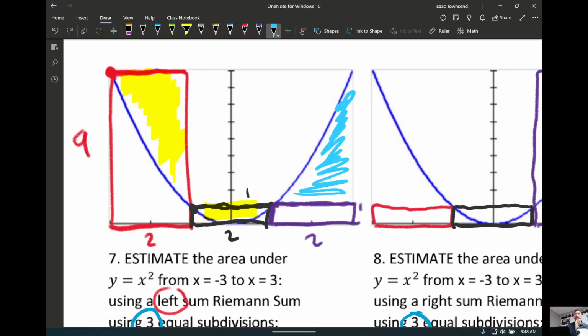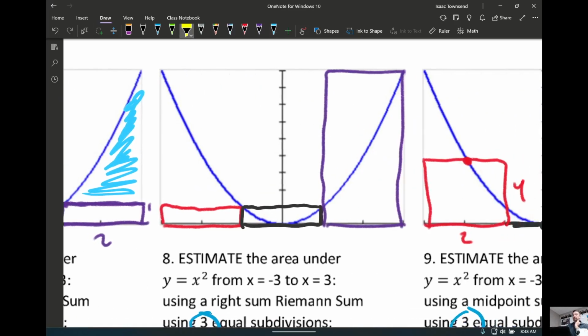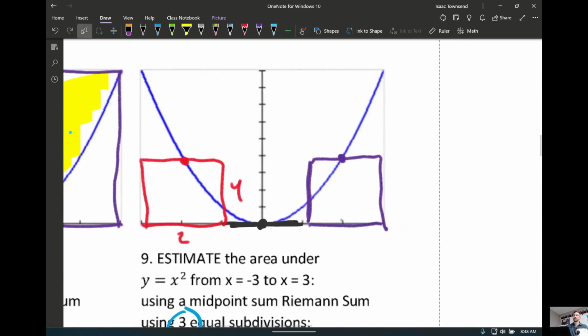So this and this kind of compensate for that, and that's why it makes it a reasonable estimate. This is basically the same thing. There's a bunch of area that it computed that was not really under the curve, but then there was some area that was under the curve that it didn't and couldn't compute. So roughly this highlighted area covers up for that area, and that's why it's fairly close to the real deal.